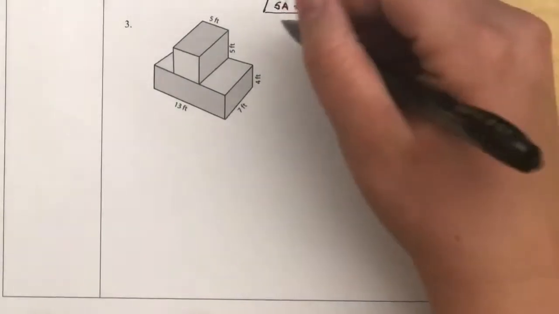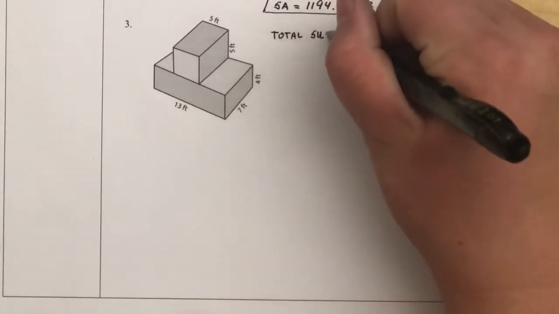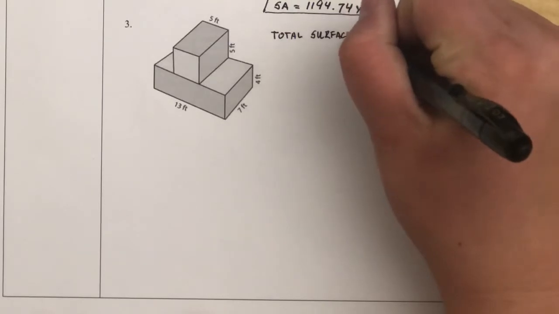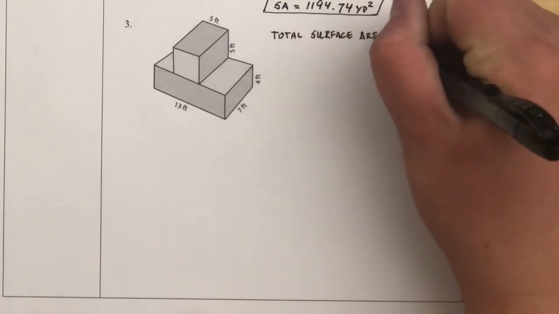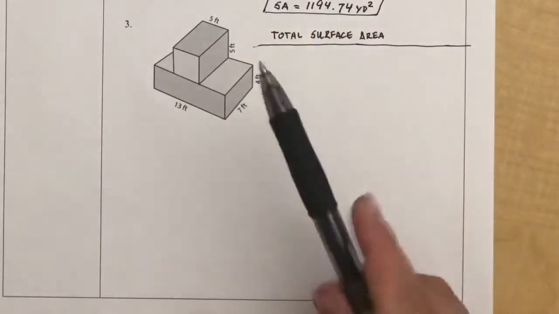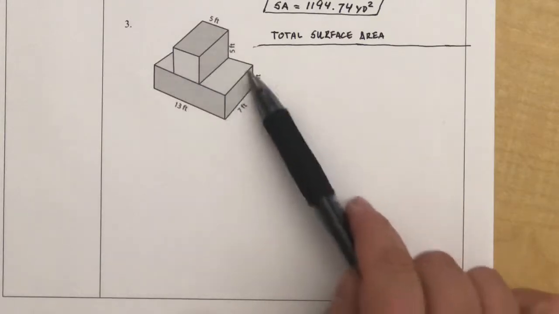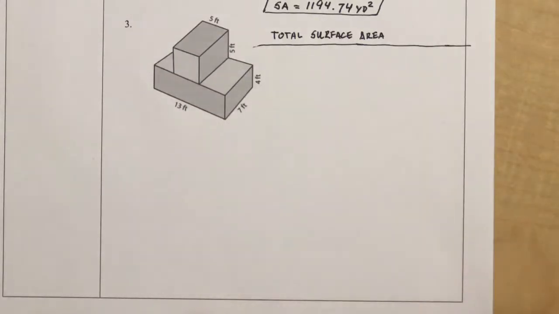What I would do to find the total surface area is find the surface area of this small prism, then find the surface area of the larger prism and get rid of the overlap.